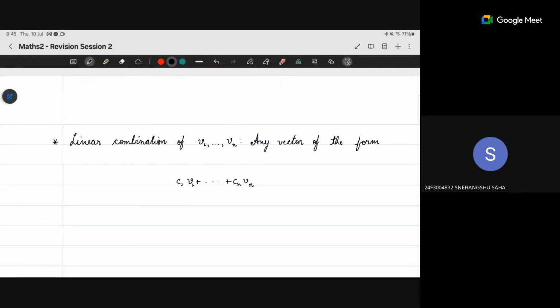If you scalar multiply a vector with a real number, you get a vector, and when you add those vectors, you get another vector. So this is a vector which we say is a linear combination of v1, v2, ..., vn, that is, any vector of the form c1v1 + c2v2 + ... + cnvn.